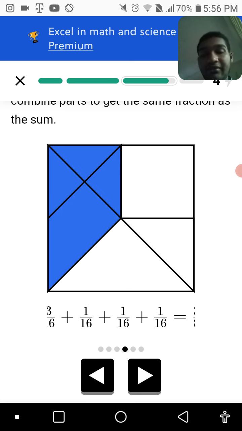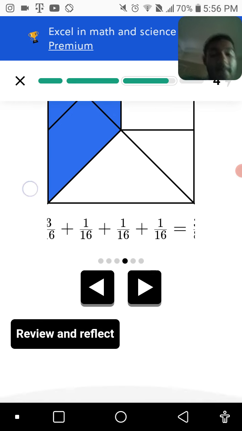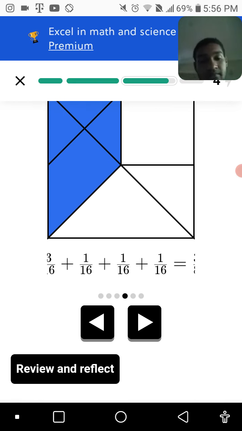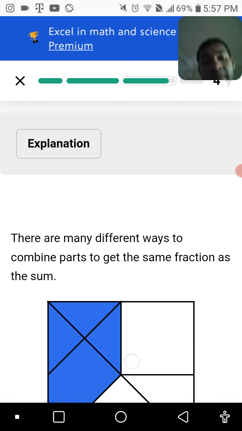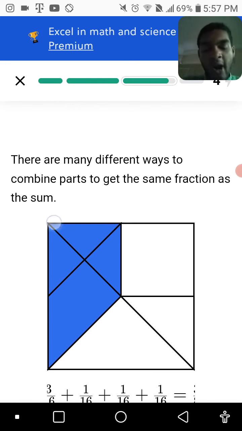I don't know why this is happening. It shouldn't really be happening here. Okay, this is 3 by something plus 1 by 16, 1 by 16 plus 1 by 16 is equal to 1 by 8.